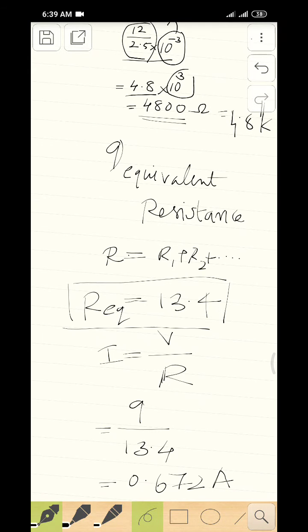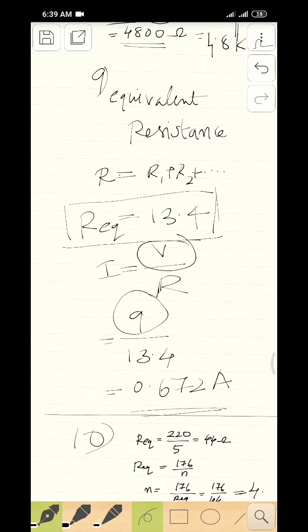Then I will be equal to V by R, Ohm's law you have to apply over here. The voltage applied is 9 divided by the equivalent resistance, that is 13.4. So I will be equal to 0.672 ampere, and this will be the value of the current which is passing through the 0.2 ohm, 0.3 ohm, 0.4, 0.5 and 12 ohm resistors.